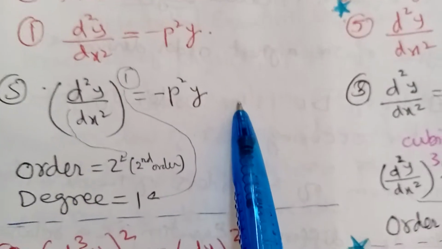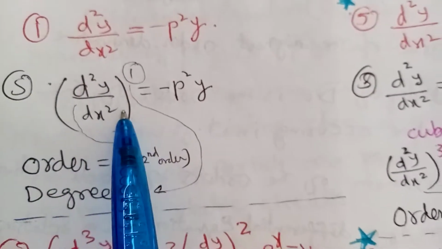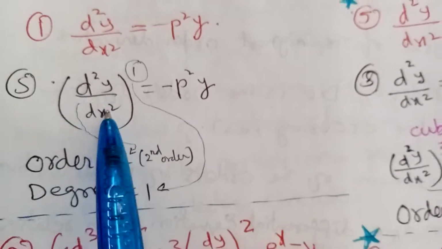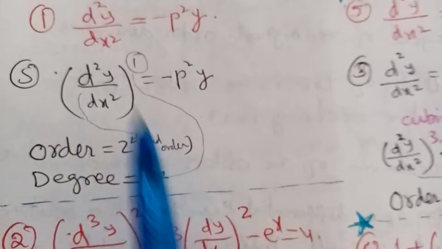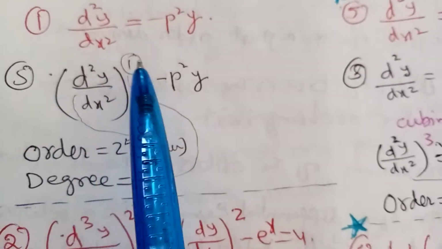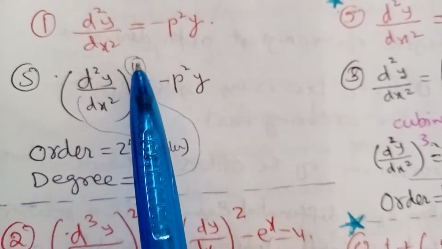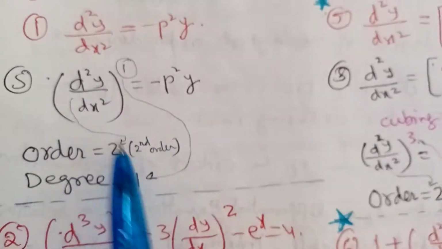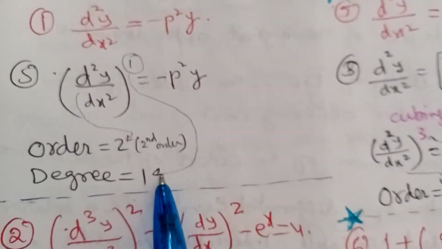See here, d square y by dx square, so the order of the derivative is 2, second order derivative. What is the power of the derivative? 1. So order is 2, that is second derivative, and degree is 1.